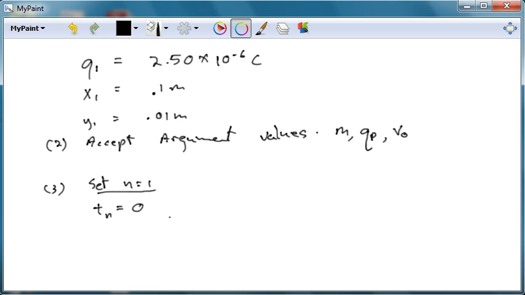So this is all part of that. T equal to 0. X sub n is equal to 0.